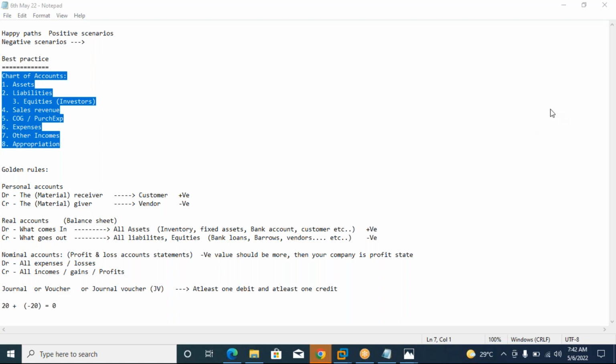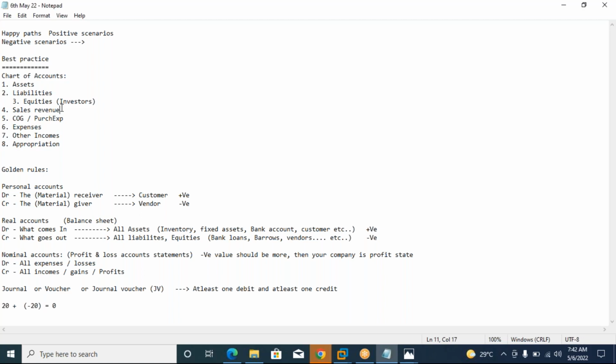Suppose they are following the 4 series as assets and the 5 series as liability. You can propose the best practice, because suppose they have 3 companies: one company in Singapore, one in Malaysia, one in India.